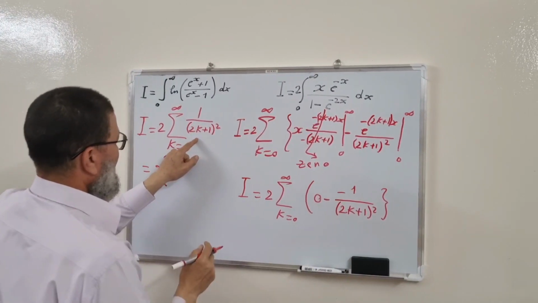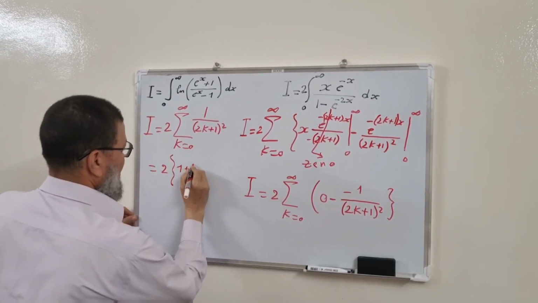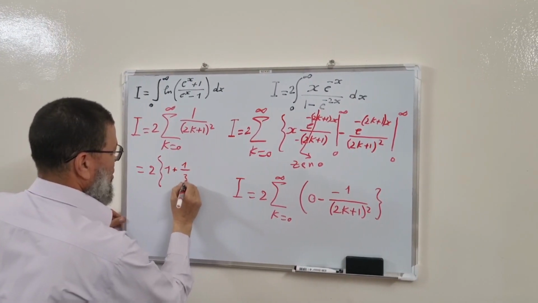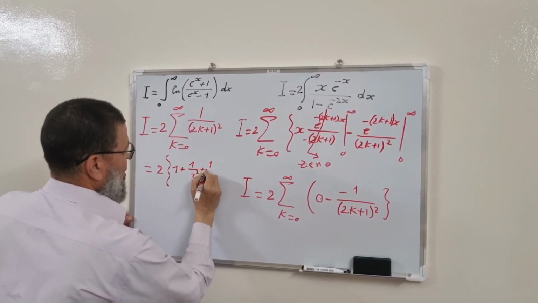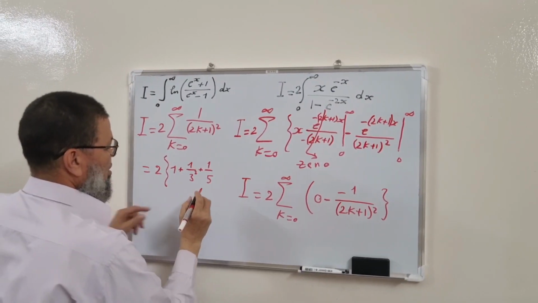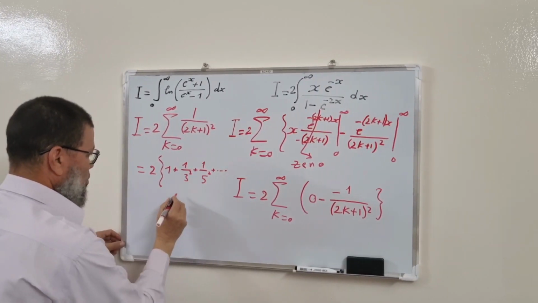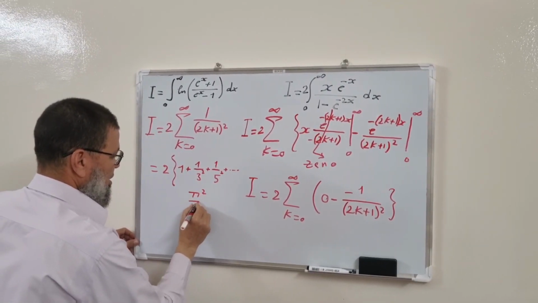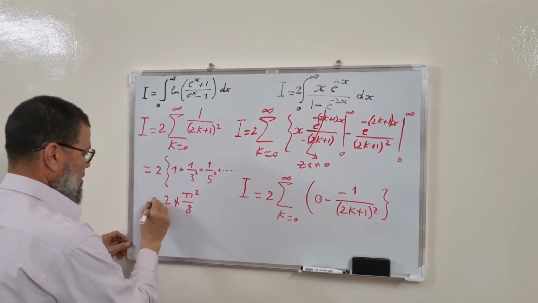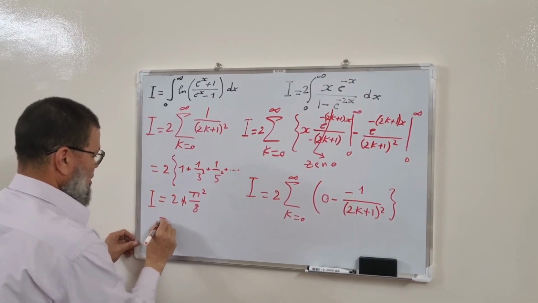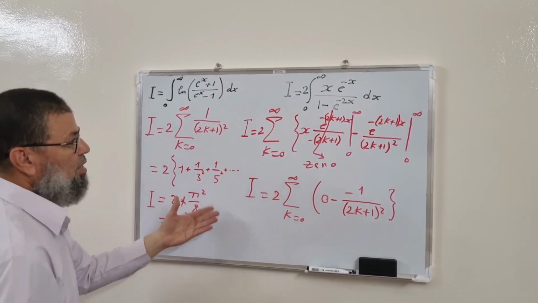At k equal 0 it is 1, at k equal 1 it is 1 over 3 squared, plus 1 over 5 squared, and so on. This will be equal to pi squared over 8, multiplied by 2. So this integral will be pi squared by 4. This is the final answer.